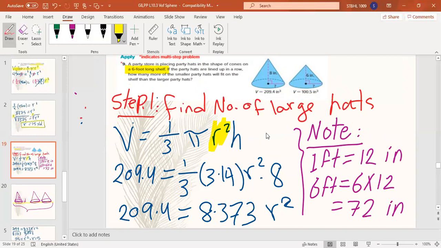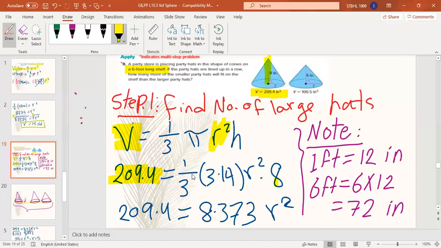The large cone's volume is 209.4 cubic inch. So I'll substitute the given answer for volume: 209.4 equals 1 over 3 times 3.14, which is pi, times r squared times height. The given height here is 8 inches.